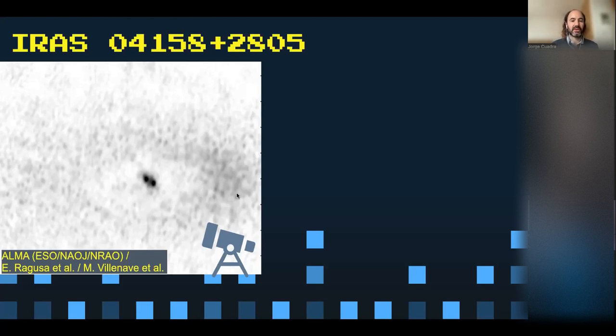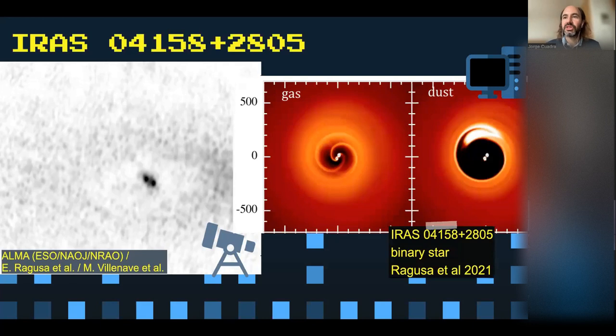It's brighter here on the right. There's more flux coming from the right. This was simulated as a circumbinary disk by Ragusa et al. So here we have his simulation.